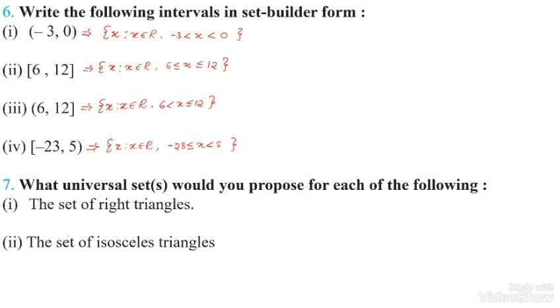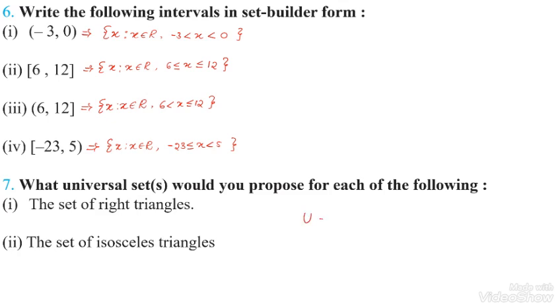Next, move on to the 7th question. What universal set would you propose for each of the following? Here they have given 2 sets, and based on those sets, we have to write the universal set. Here they have given the set of right angle triangles. The second is the set of isosceles triangles. Both are types of triangles.